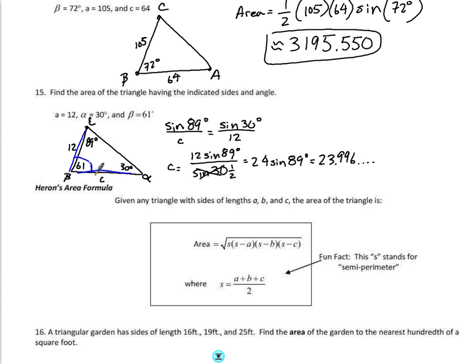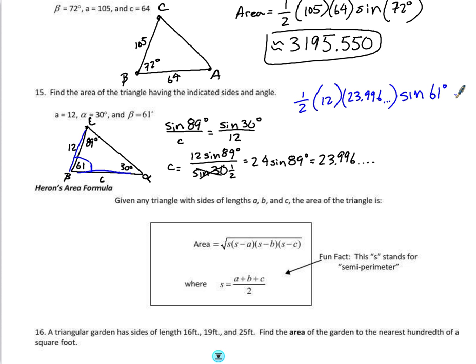So 1/2 times 12 times side C times the sine of 61 degrees.